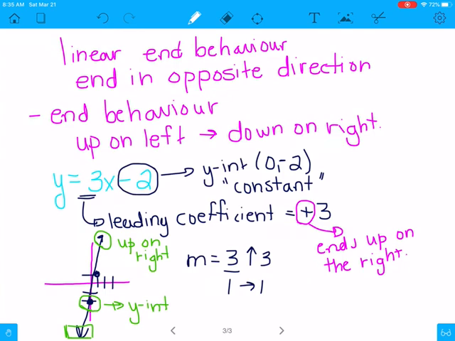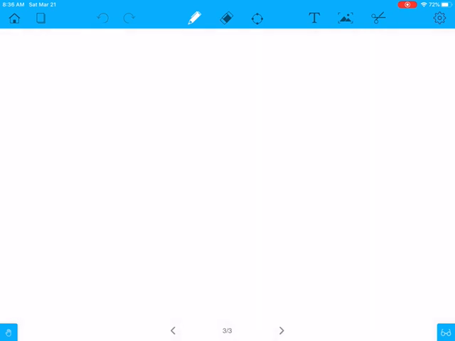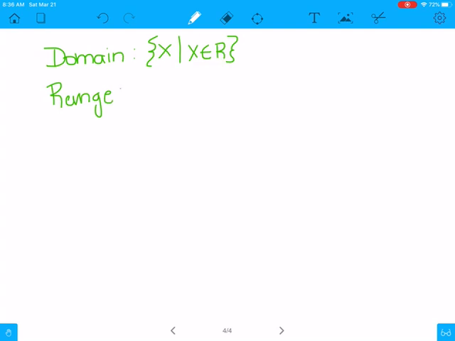My domain and range for linear functions are the easiest because the arrows are going in opposite directions. My domain is the set of x values such that x is an element of the real numbers. And my range is y such that y is an element of the real numbers. It doesn't change.